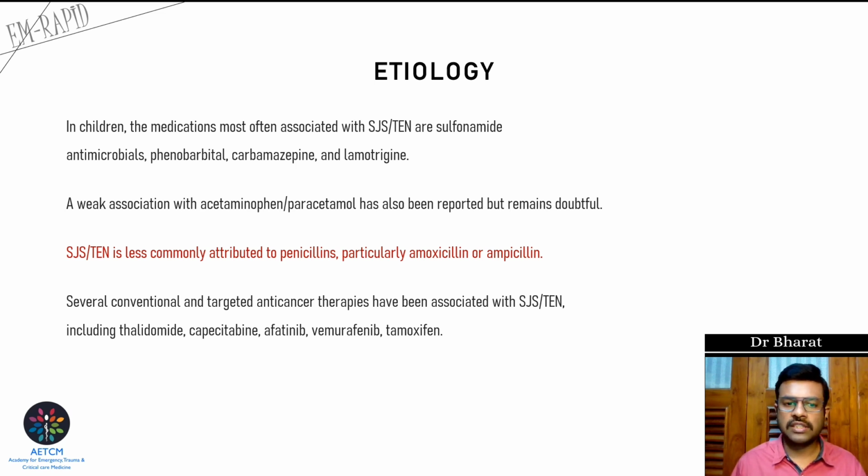A weak association with acetaminophen or paracetamol has been reported, but it's not clinically proven. SJS/TEN is less likely attributable to penicillins, particularly amoxicillin or ampicillin. Several conventional and targeted anti-cancer therapies have been associated with this syndrome, including thalidomide, capecitabine, afatinib, vemurafenib, and tamoxifen.